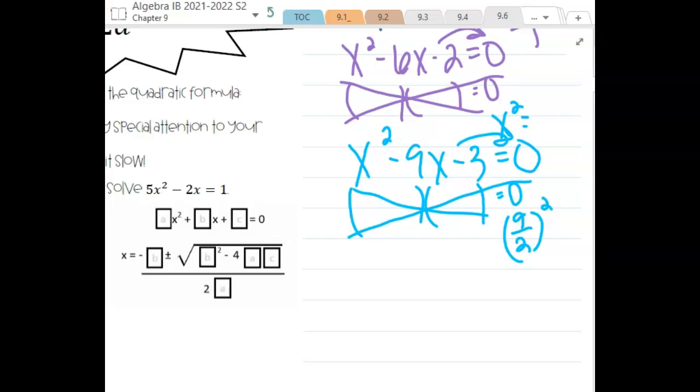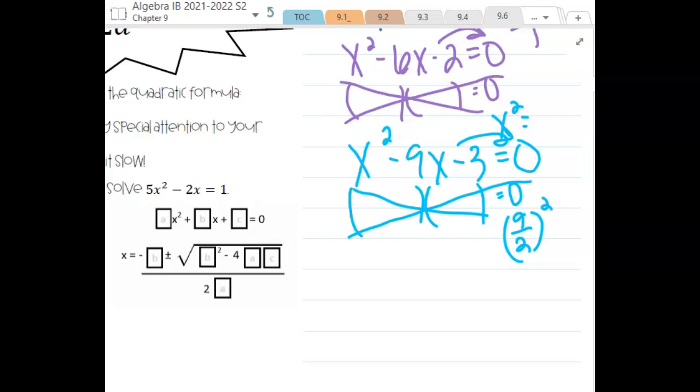It gives you 4.5, a decimal. Or if you want to leave it as a fraction. And if you think about what we have to do with that number, I have to add it to both sides of the equation, which, okay, whatever, that's not too bad. But then you have to factor a decimal or a fraction. We've never done that. It is possible. You can do that, but we don't want to do that.